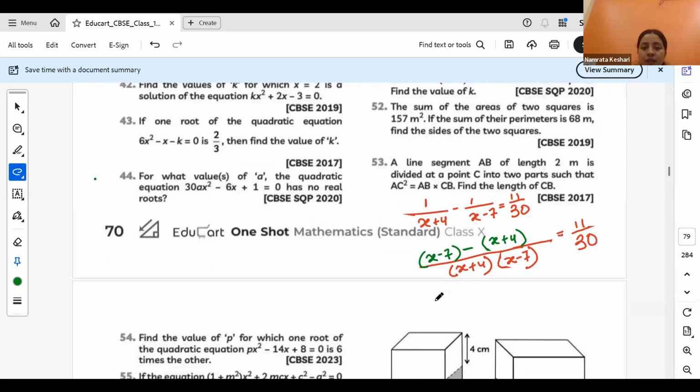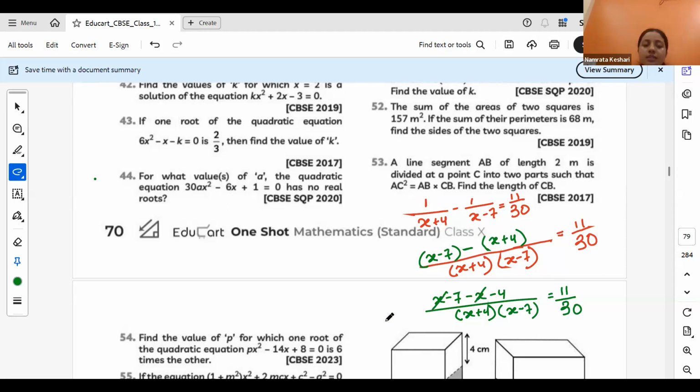No, ma'am. Okay, so we are left with x minus 7 minus x minus 4 over this 2 multiplied together. We will multiply them, but not now, is equals to 11 by 30. Now in numerator, you can see x, x gone.